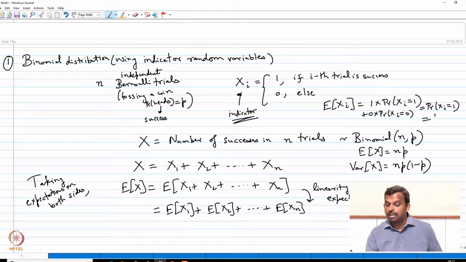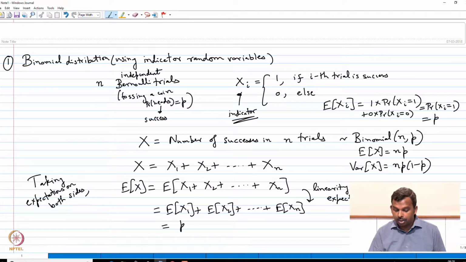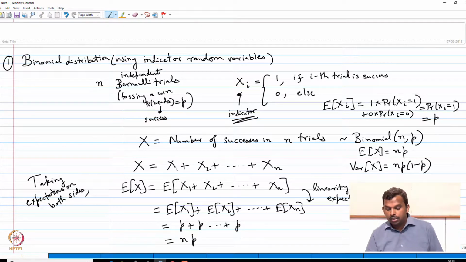What's the probability of success? That's just p. So expected value of xi is p for every i. So this is just p plus p plus so on, n times, and that is just n times p. So a very quick derivation for the mean value or expected value of binomial distribution.